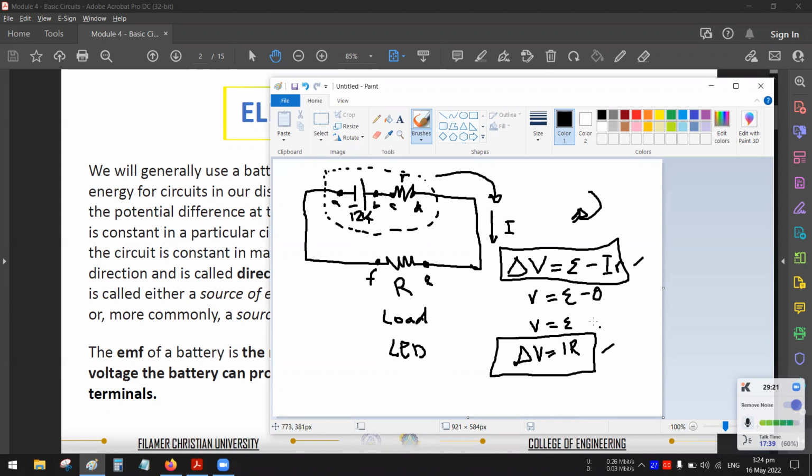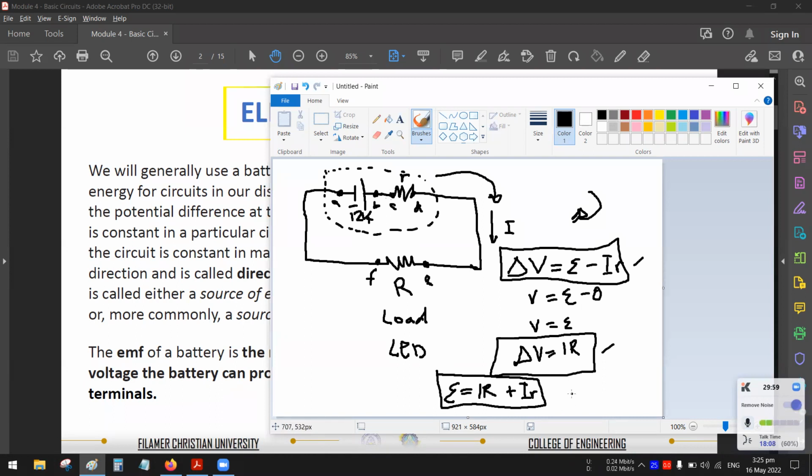So this is now your total electromotive force. Okay? So your EMF therefore is just equal to the product of your external load and your current plus the product of internal resistance times the current. Okay, so this is your another equation.